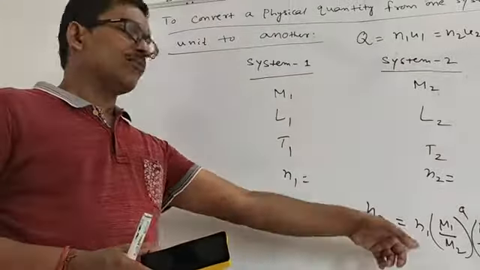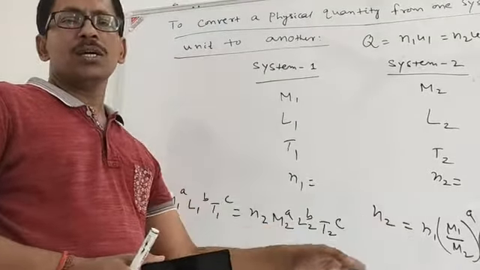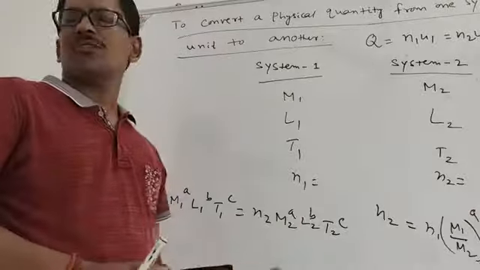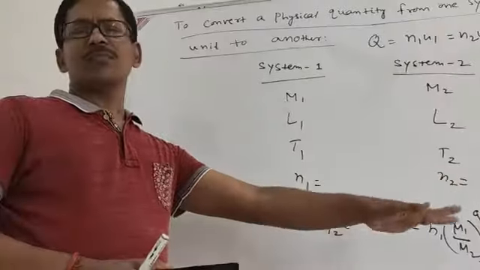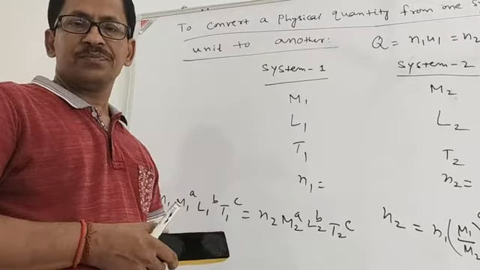N1 and N2 are the numerical values. If N1 is given, you can find N2. If N2 is given, you can also find N1. The dimensions of the physical quantity will be given to you.